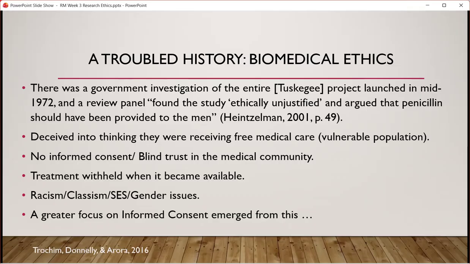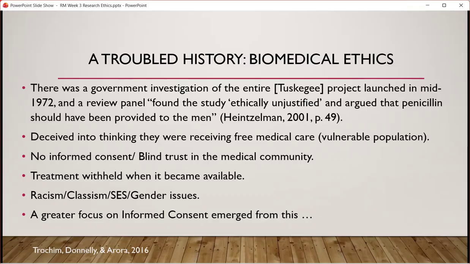And out of this came so much damage, particularly for Black African American people in the United States, because they lost all trust in the medical profession. There was absolutely no reason not to treat the men with syphilis with penicillin when it was available, but they did not, and they let them die horrible deaths and infect people in their communities and families. The population was deceived into thinking they were receiving free medical care for the syphilis.